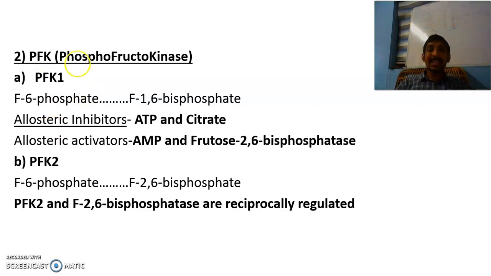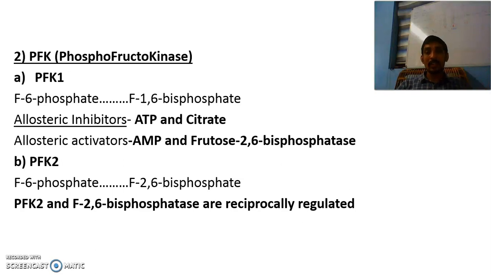Like that, citrate is the first product of the Krebs cycle or citric acid cycle. Usually, glycolysis is followed by the link reaction, then followed by the citric acid cycle, the Krebs cycle. So if the cell contains more citrate, that indicates that the cell already performed glycolysis and the link reaction and produced more energy.